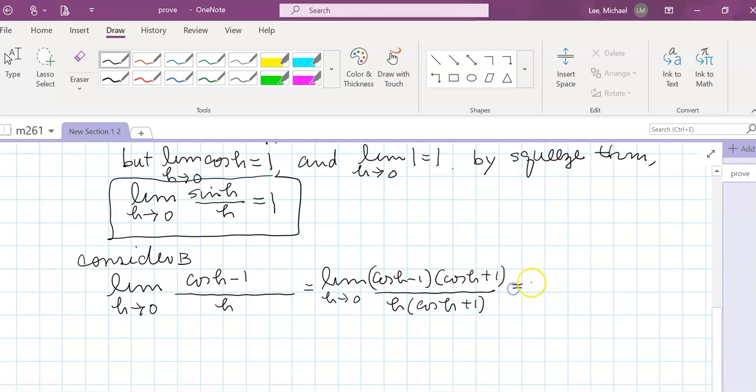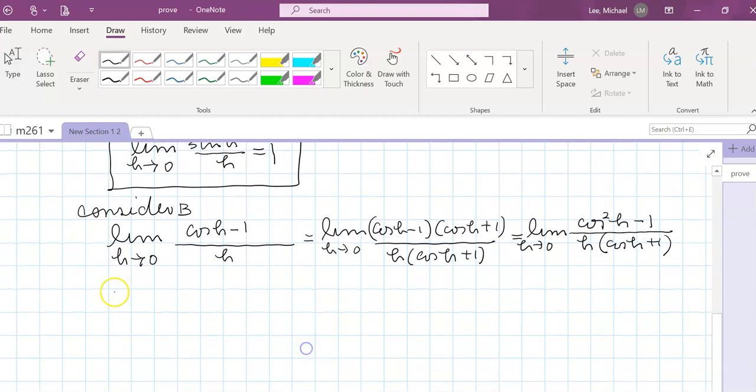So this is the limit as h approaches 0 of cosine squared h minus 1 over h times cosine h plus 1. So this is the limit as h approaches 0 of negative sine squared h. Where does that come from?